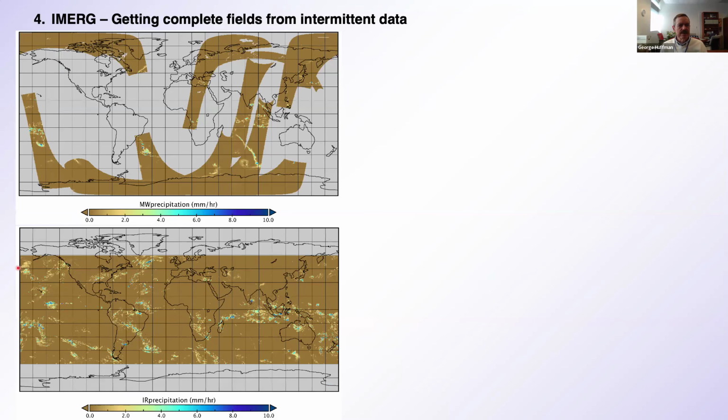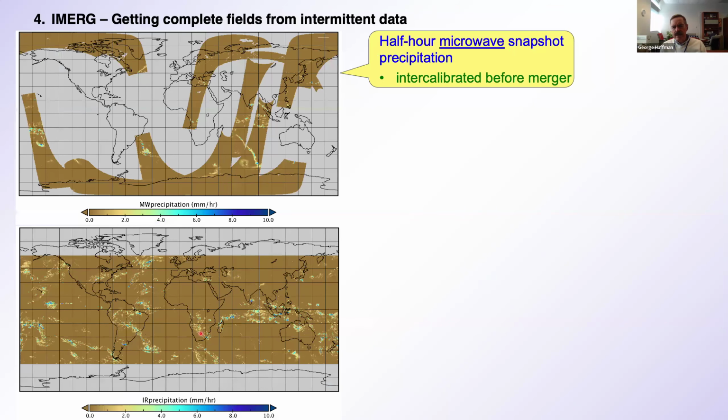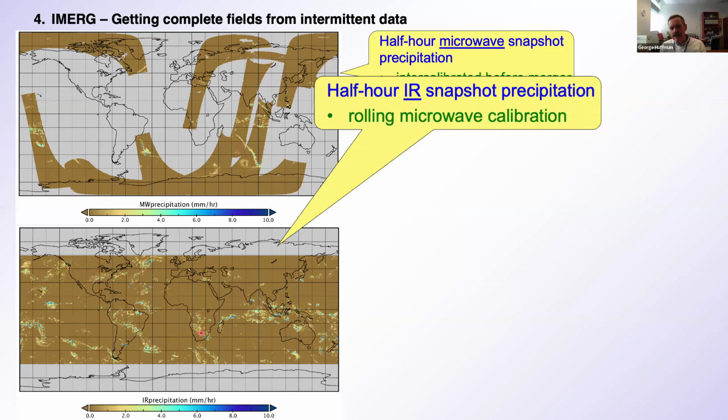Okay, so here's what it looks like. You have the intermittent microwave data at the top and the nice continuous but low quality IR data at the bottom. And so what we do is we take this snapshot and intercalibrate before we did this merger.